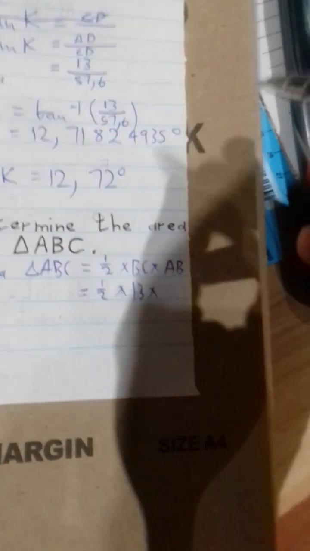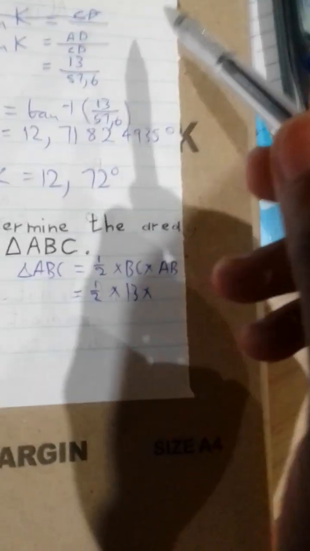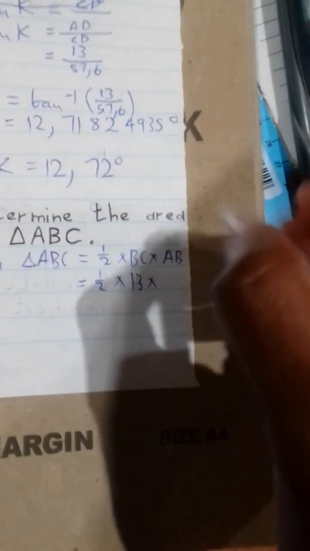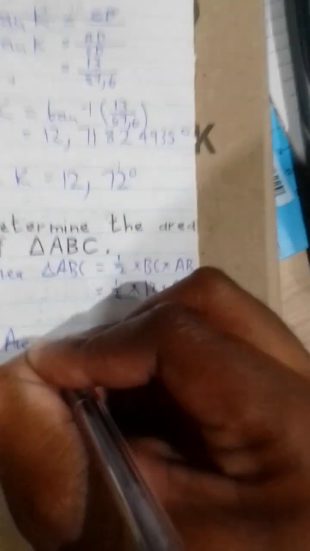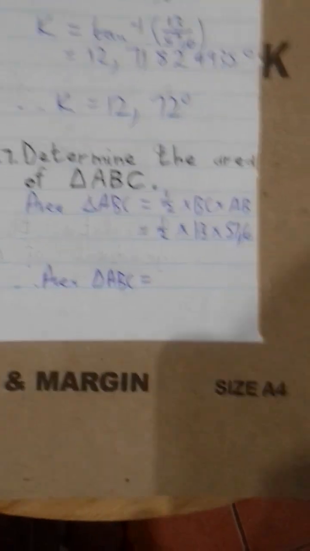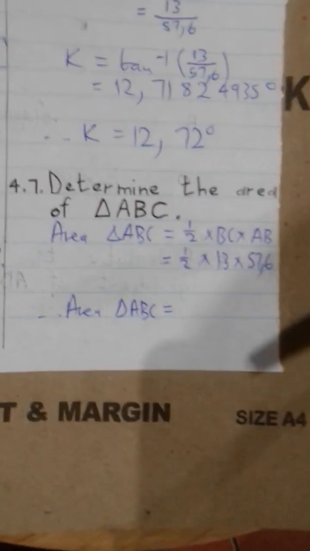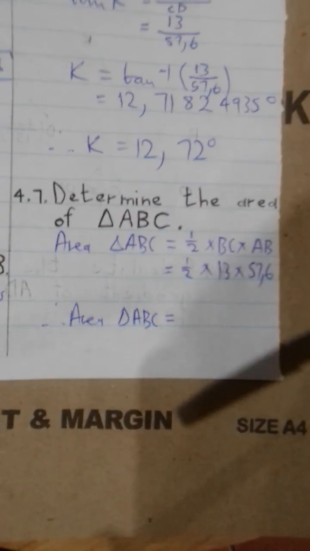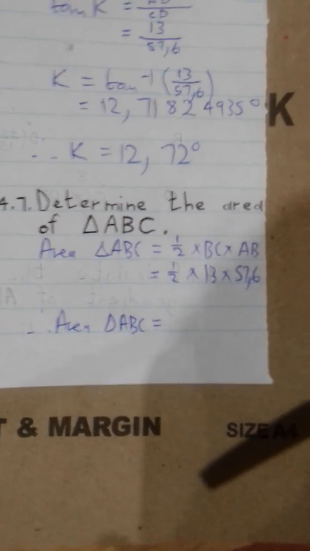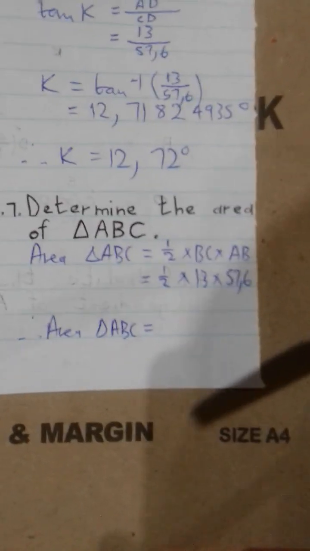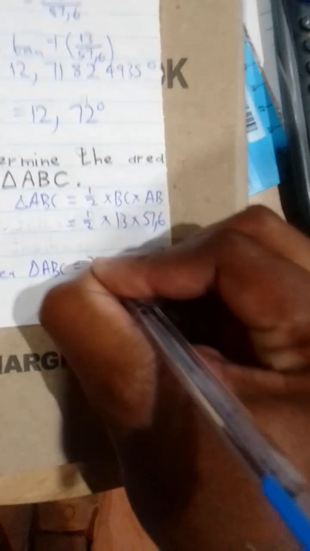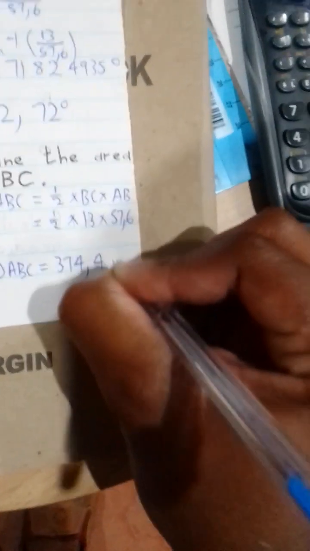BC is AD, which is 13, times AB, which is 57.6. So it's half times 13 times 57.6, which is 374.4 square units.